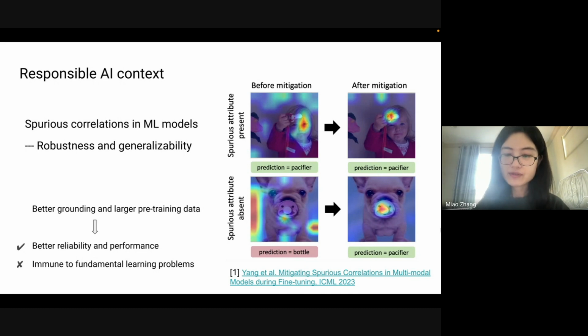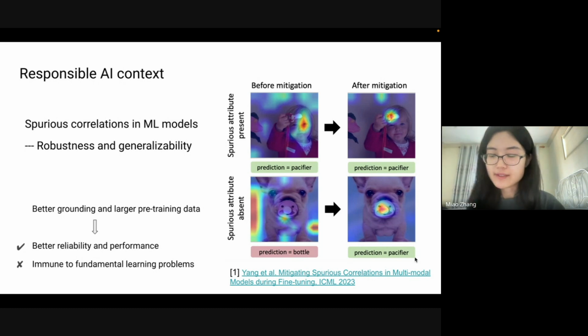I refer to a very recent work at ICML, because they study such problems on large foundation models. They find that even though larger models have better groundings and may have used larger pre-training data to achieve better reliability and performance, they are still vulnerable to this fundamental learning problem.